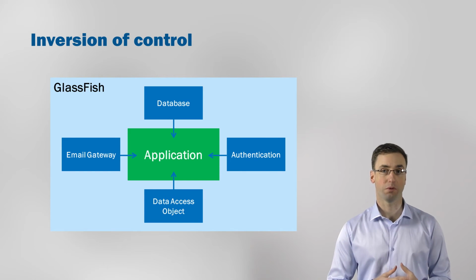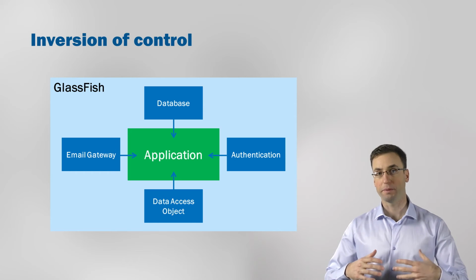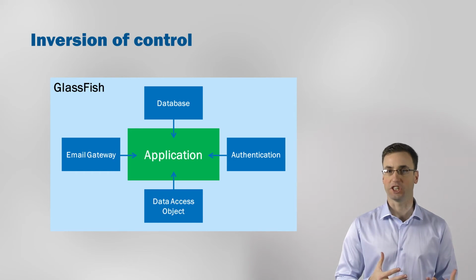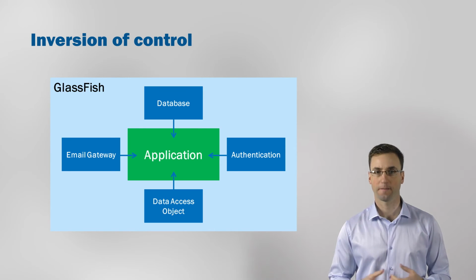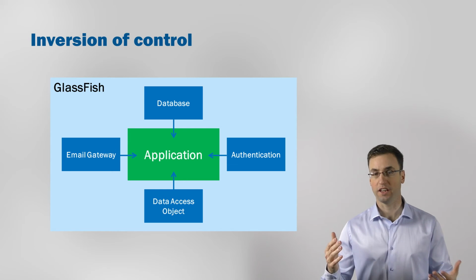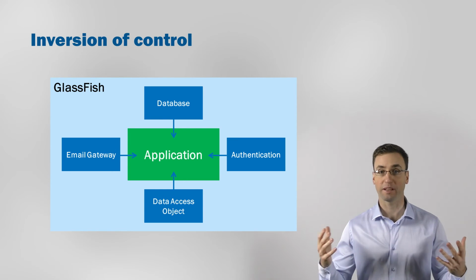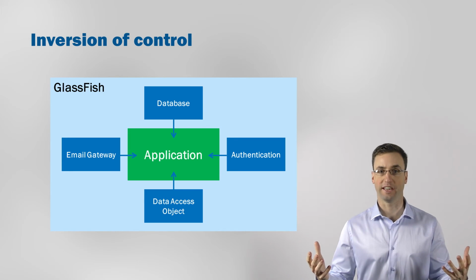One solution to this problem is called inversion of control. Traditionally, when you build an application, your code is in charge and it creates and manages all the services that it needs to use. In an application server, using inversion of control, everything's inverted. So the application server is responsible for creating and managing all the services that you need.